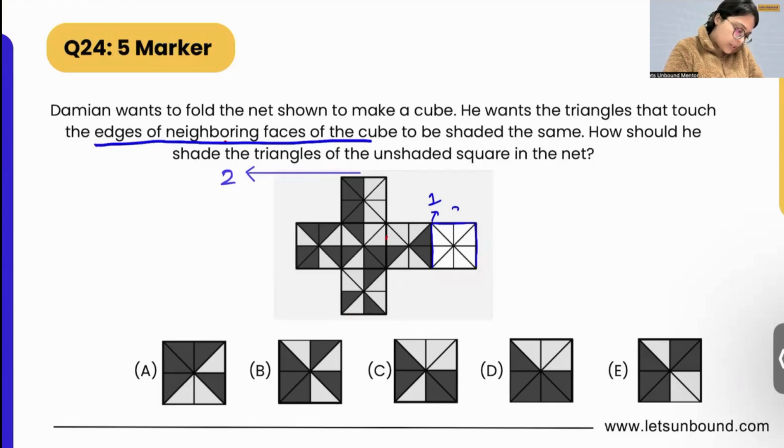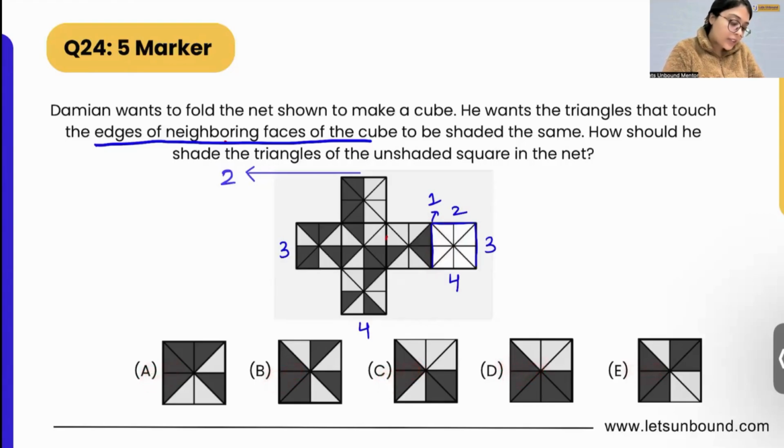Sorry, this one will be 2. This one will be 3, and this one will be 4. So for the first one, of course, we need to paint this also exactly to make it look similar. Out of the 4 options, we can see the shaded parts are all on this side, so it's hard to select.